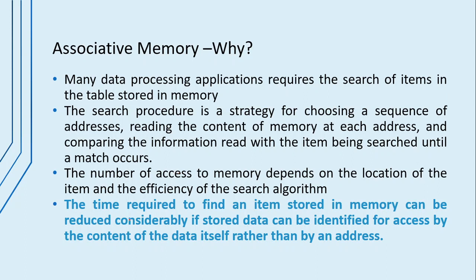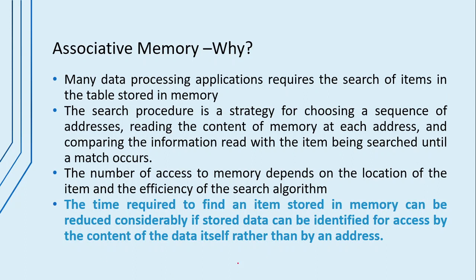So the time required to find an item stored in memory can be reduced if stored data can be identified for access by the content of that data itself rather than by address. If you can find the data based on its content rather than the address, then you can reduce the searching time.